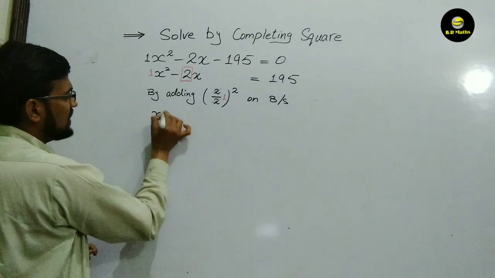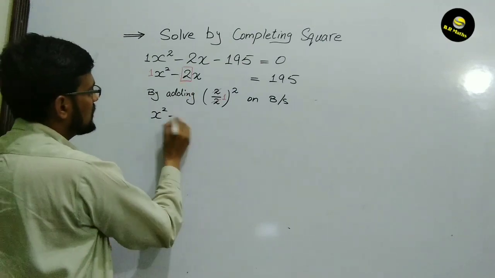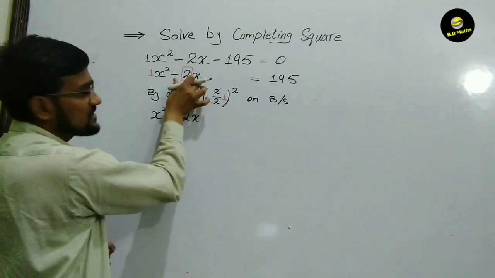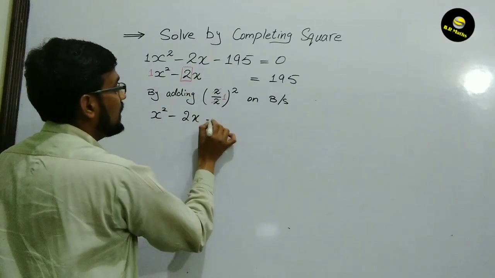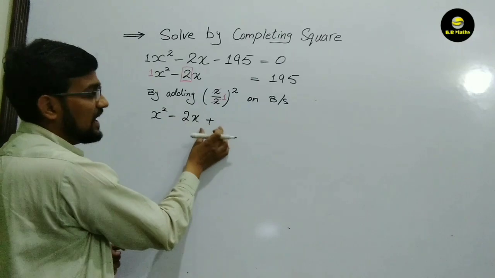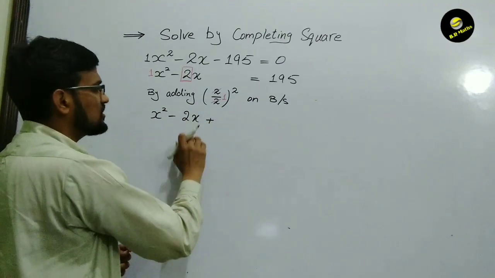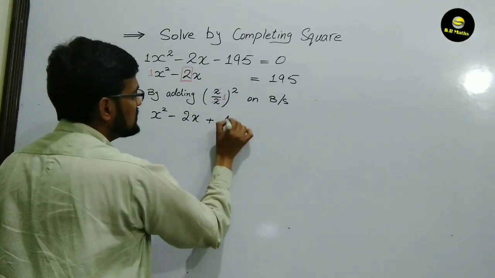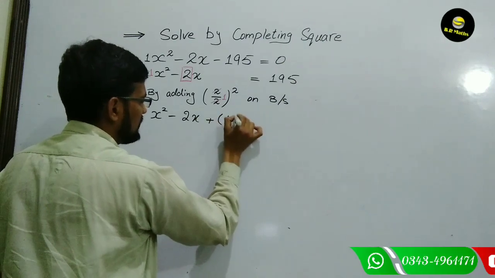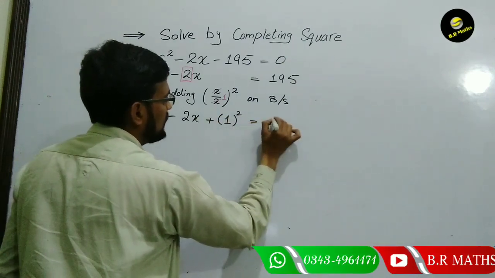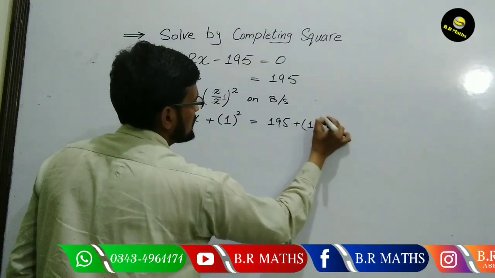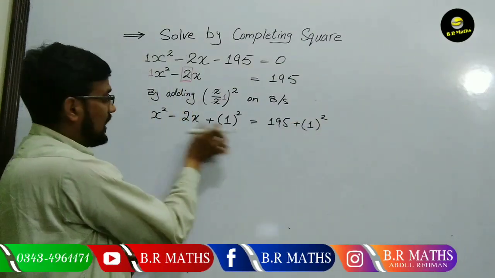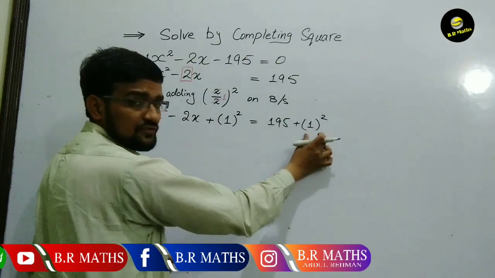The x square minus 2x stays as it is, and the second term is also right as it is, and we add an extra term: 1 square. So equal to 195 plus 1 square, added on both sides.